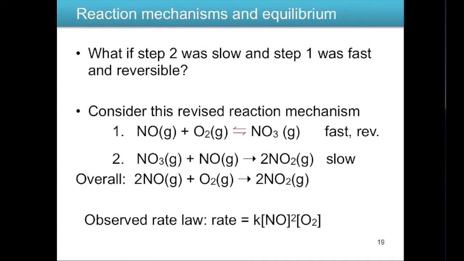So what if step 2 was slow and step 1 was fast and reversible? So we write these arrows here, one going forward, one going backward, to denote a reaction that can go both forwards and backwards. So how can we rationalize this? Can we make this particular reaction mechanism match the observed rate law?